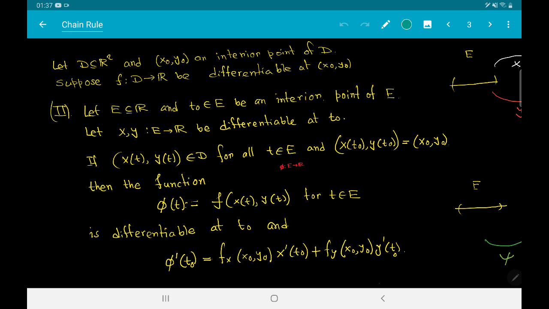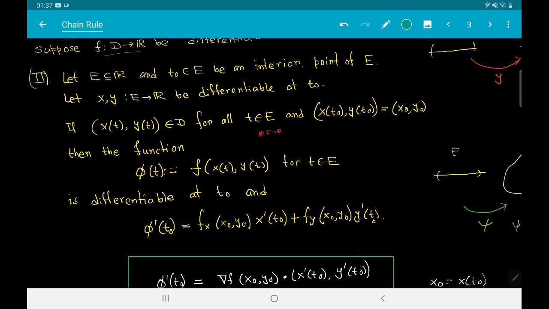So what do we have? This is a bit more complicated than what we had before, but it is not tough either. Here we have this fixed assumption that D is a subset of R2, (x0,y0) is an interior point of D, and f is a real valued function on D. So this is a function in two variables, and this is always given.